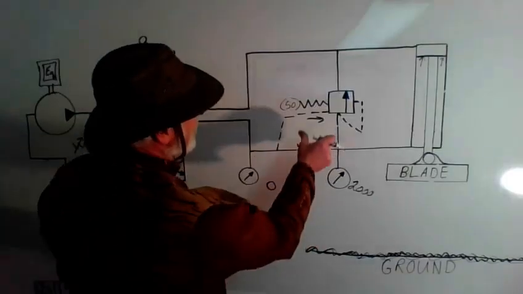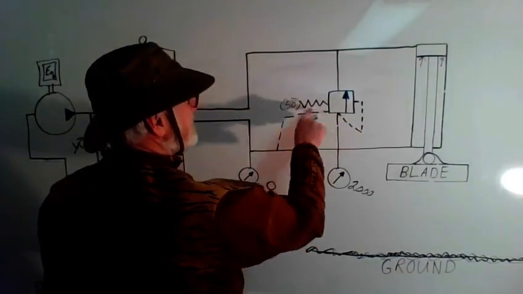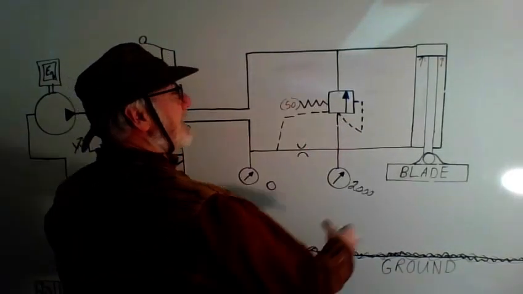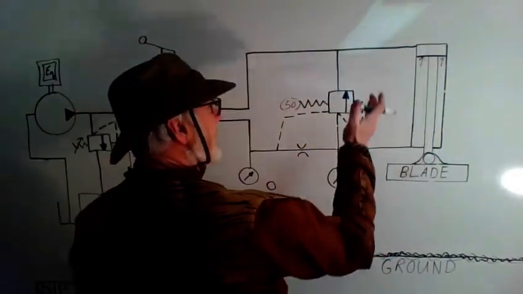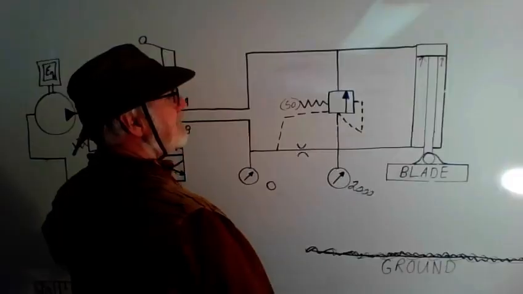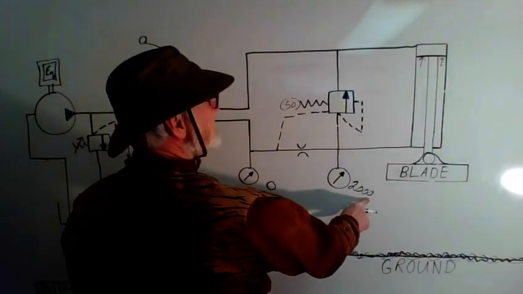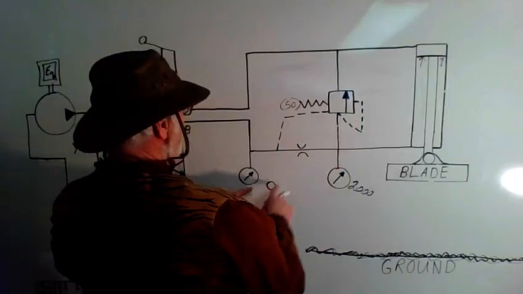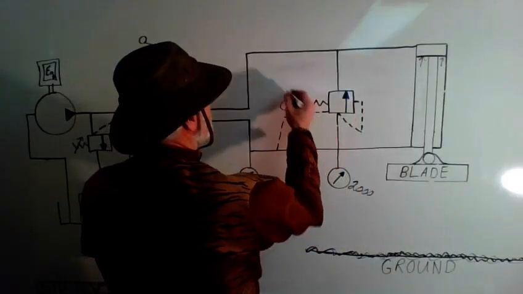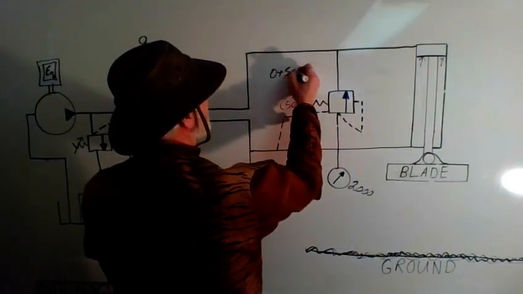And if this is 0, then I take away the force that was helping the spring. And I still have the blade up in the air, so I need pressure in order to hold that blade up. And the pressure is 2000. So 2000 on one side versus 0 plus my spring.